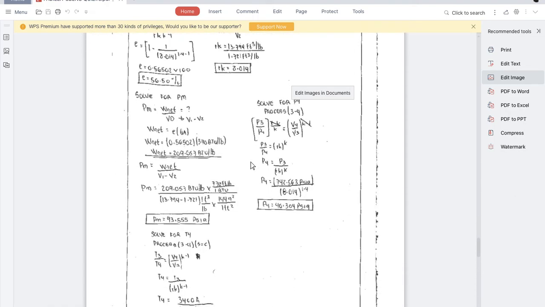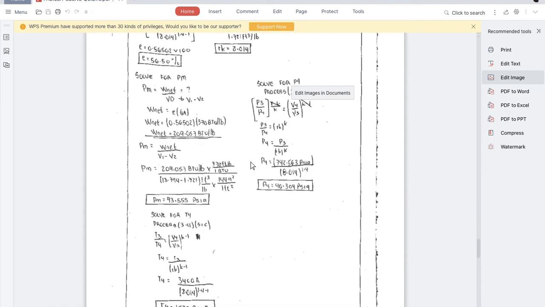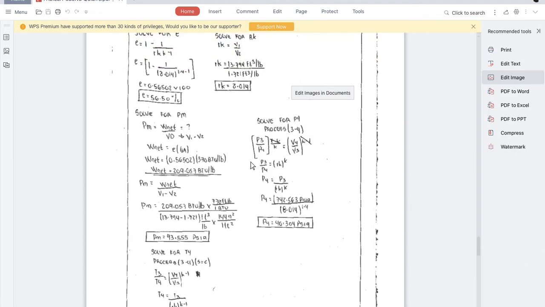For the P4, the formula that we use is process 3 to 4, P3 over P4 equal to V4 over V3 raised to k.